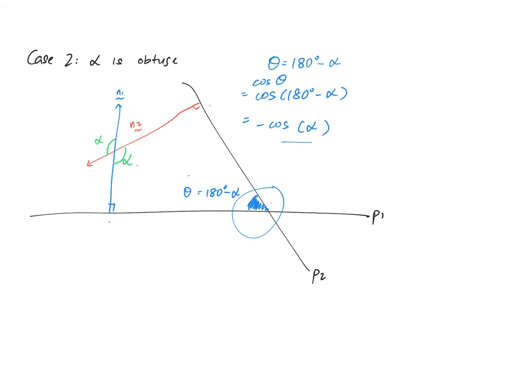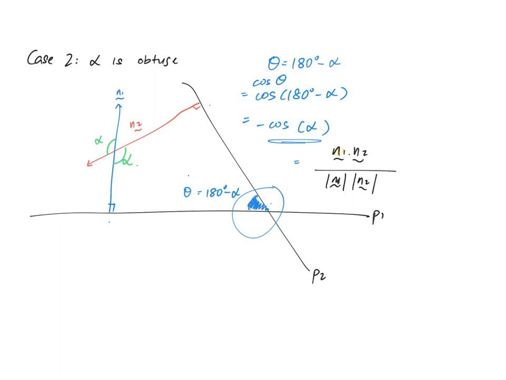So what is cosine alpha? Cosine alpha is nothing but the angle between the two normal vectors, which is n1 dot n2 over the magnitude of n1 over the magnitude of n2. Sorry, let me just write this properly. And in this case it actually is negative.